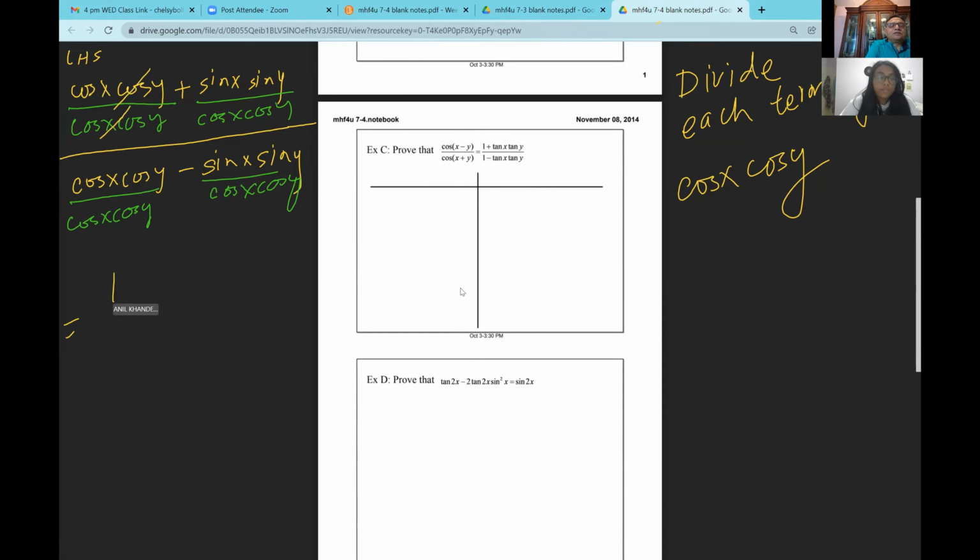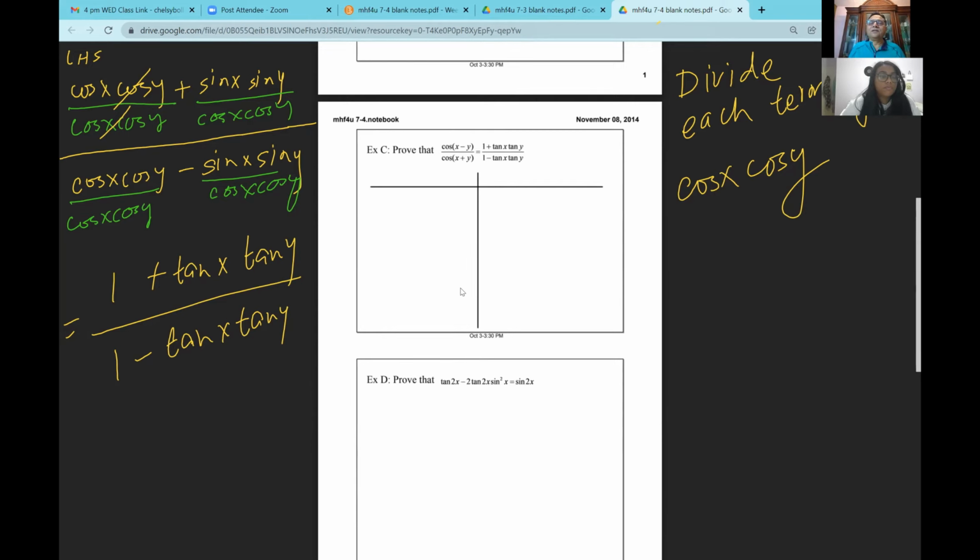So I get 1 plus sin x over cos x is tan x. Sin y over cos y is tan y. See how simple it is? Just 2 steps.